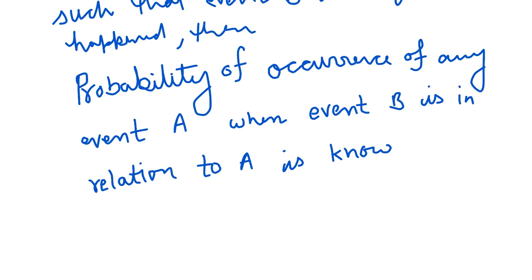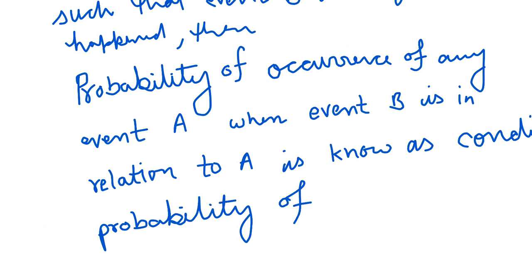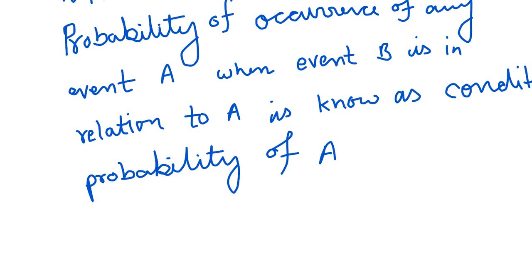If you have any doubt, then you can ask me, okay? It is known as the conditional probability of A, and it is denoted by P(A|B).